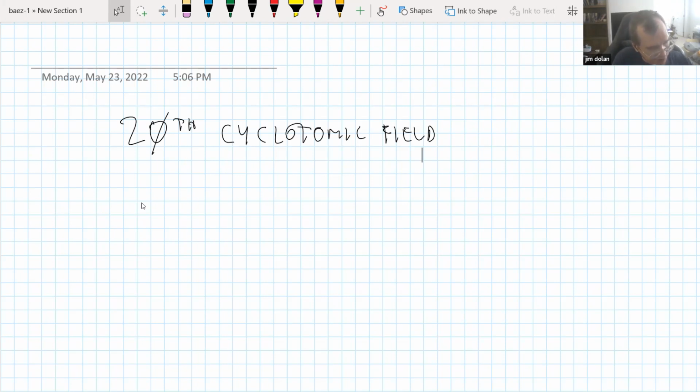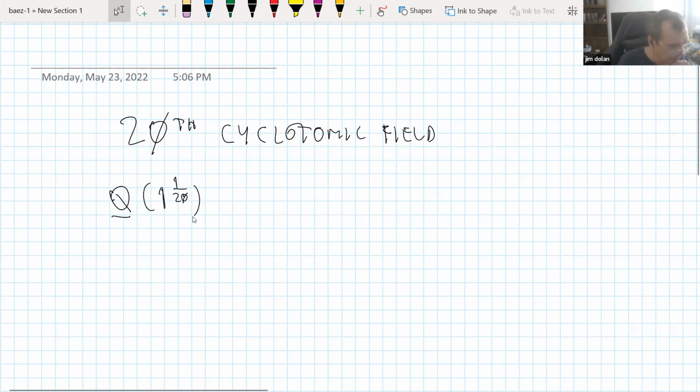All right, so what is the 20th cyclotomic field? I guess we can sort of think of it as the rational numbers adjoin our favorite primitive 20th root of unity. Mm-hmm.